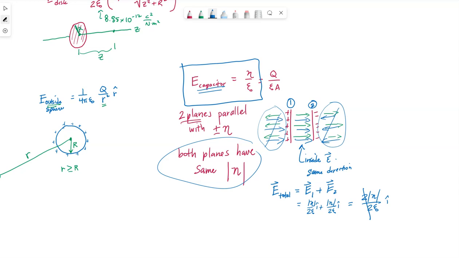Simply from adding E due to the 2 separate planes. The i hat here is specific to my picture. It points in the x direction. But again, both planes must have the same surface charge density. This equation is just substituting in that ratio of charge per area for surface charge density. So you can write the equation both ways.